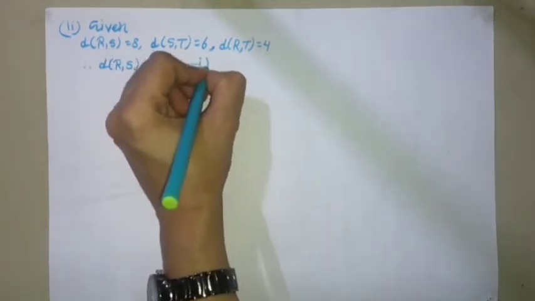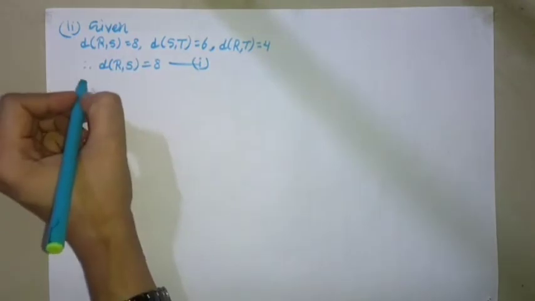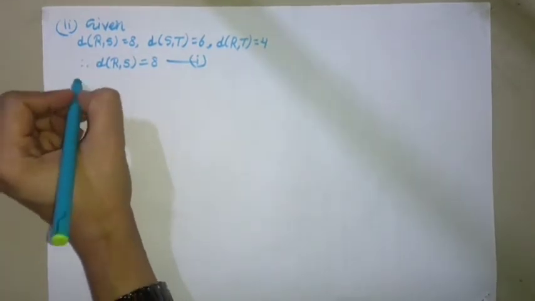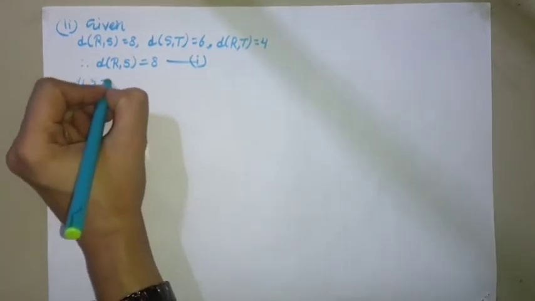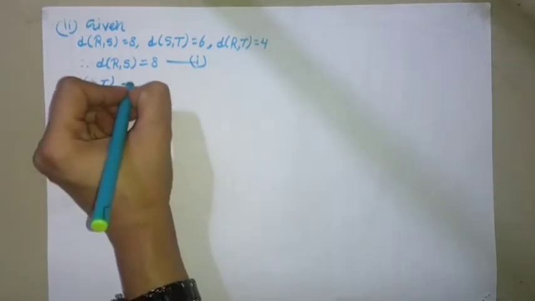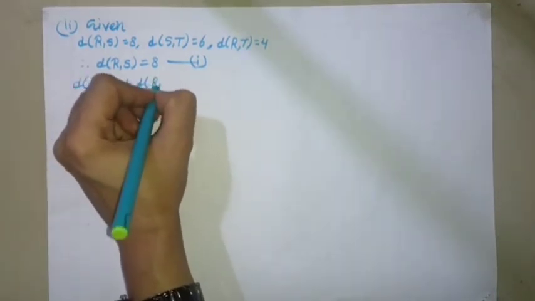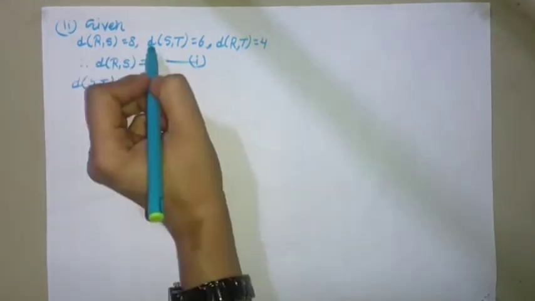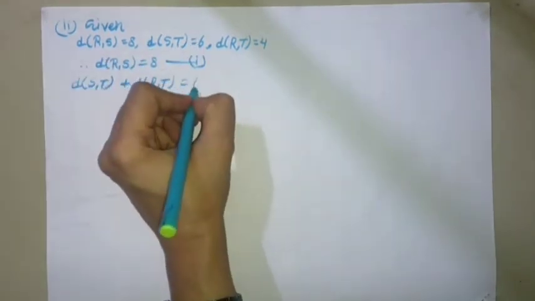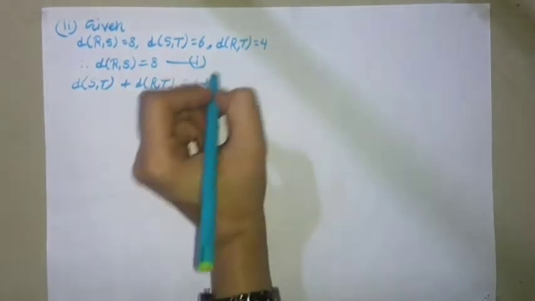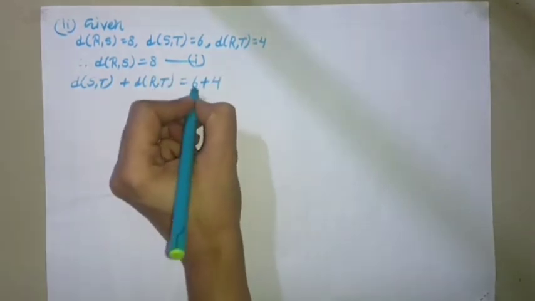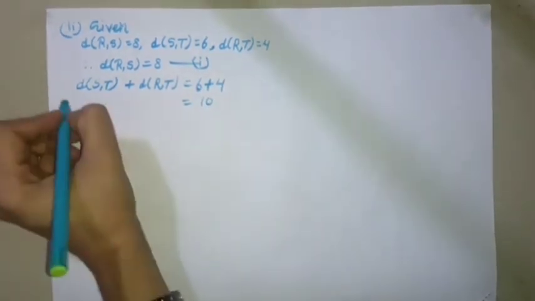It is denoted by first equation, and distance of ST plus distance of RT equal to 6 plus 4 equal to 10.